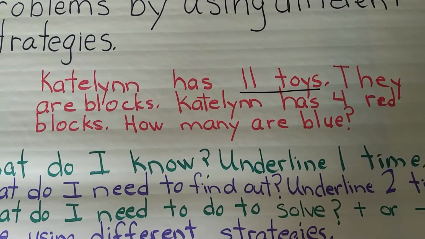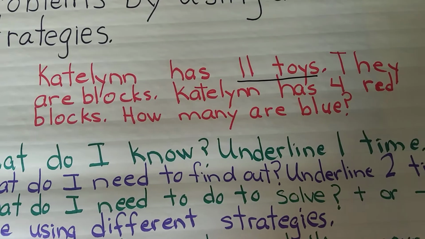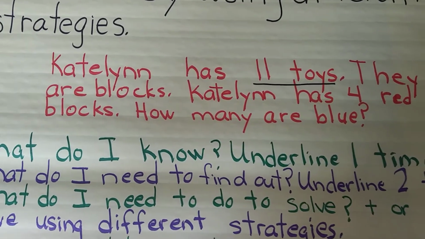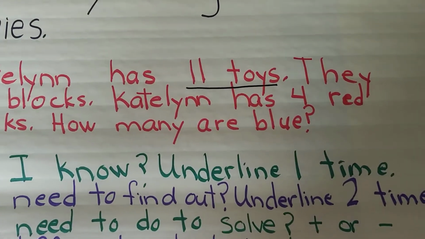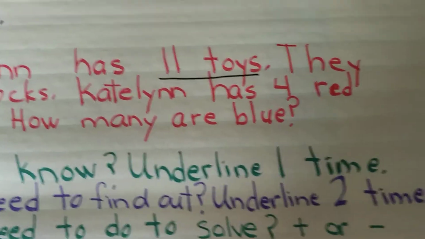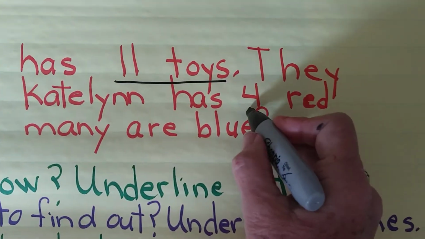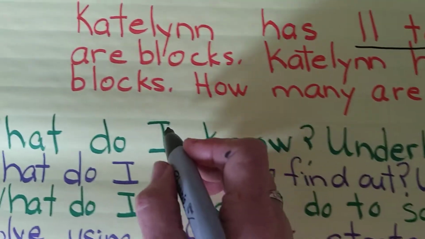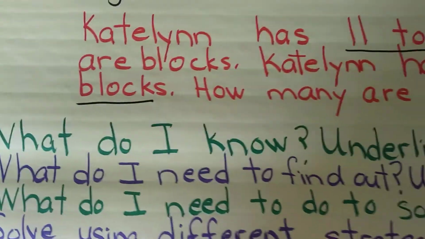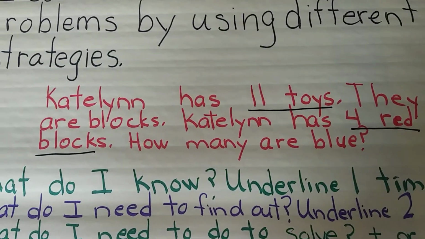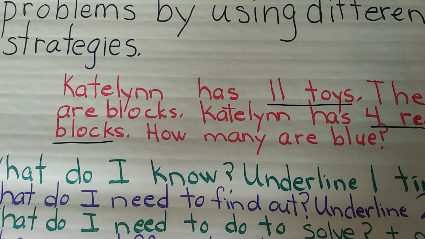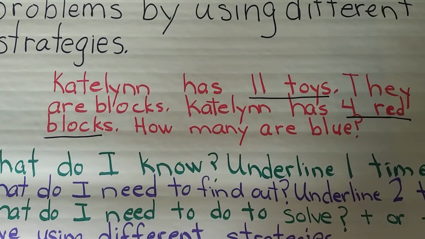No. They could be cars, they could be baby dolls. It doesn't matter. We just know she had 11. She has 4 red. Is that important? Yes. She had 4 red blocks. Is there anything else in there that we know? No, that's all we know for right now.